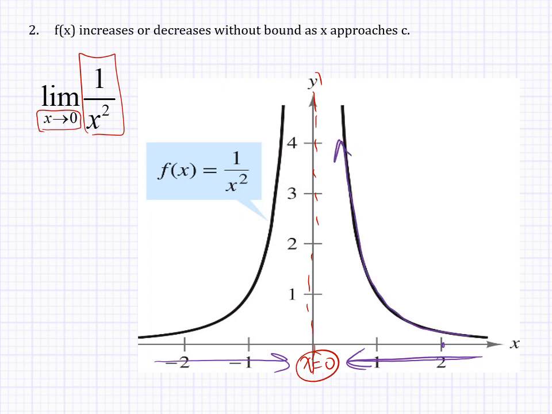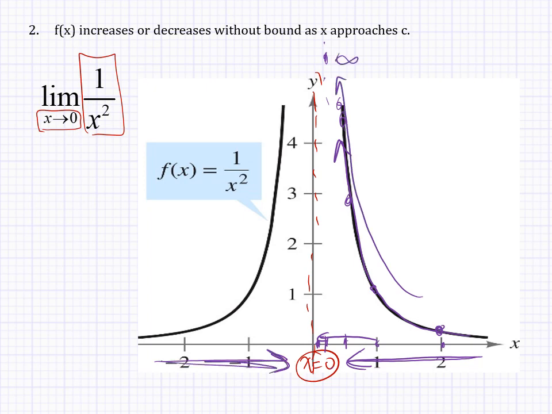So this x value has this y, this x value is this y, this x value is this y, this x value is this y. And notice as I get closer and closer to 0, the corresponding y value for each x is getting higher and higher and higher, to the point where as x gets infinitely close to 0 here, the y value is really large. So it looks like the y value is going to infinity.